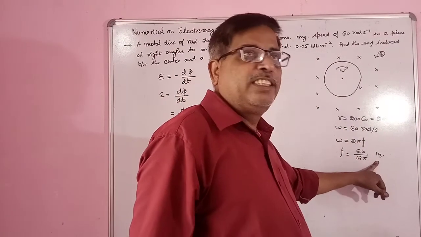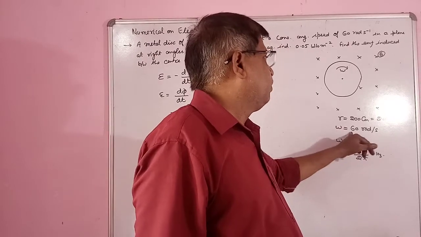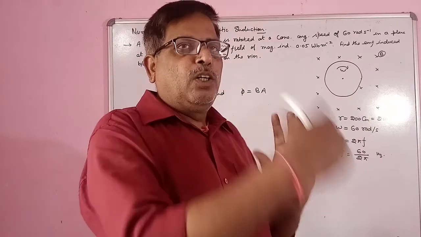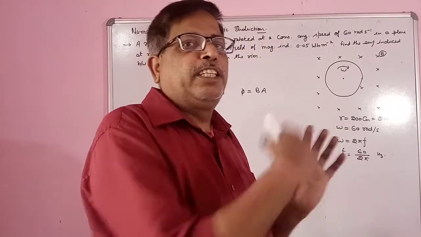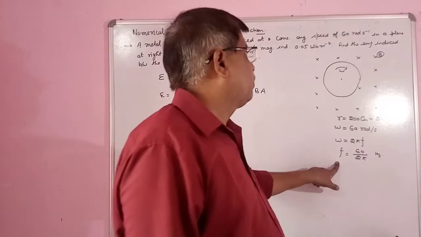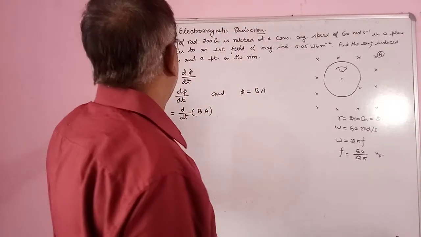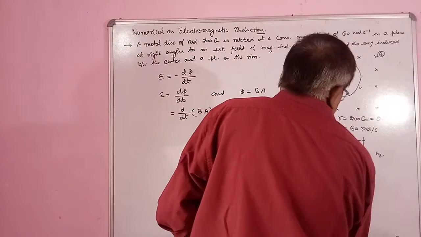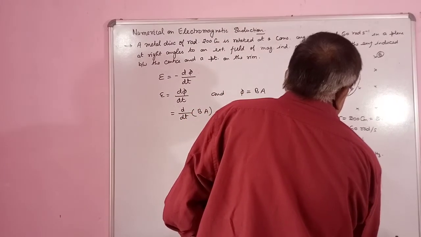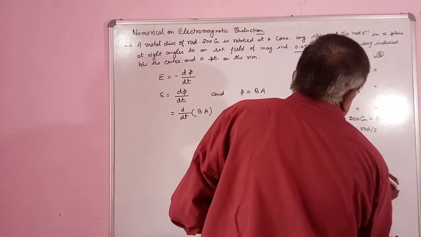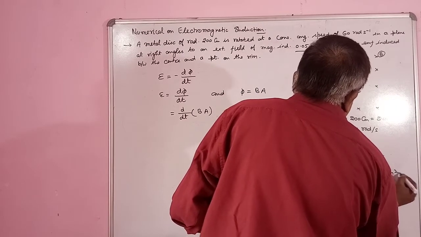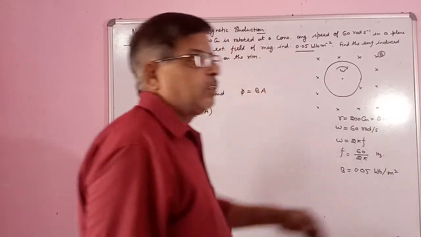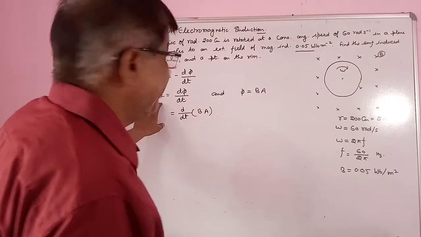Frequency means how many rotations the disc makes in 1 second. Third, B is given, B is 0.05 Weber per meter square. So these are the data given in the question, and we have to calculate E.